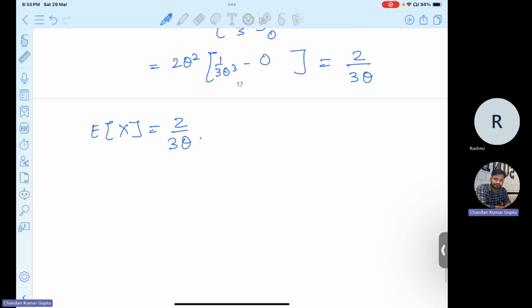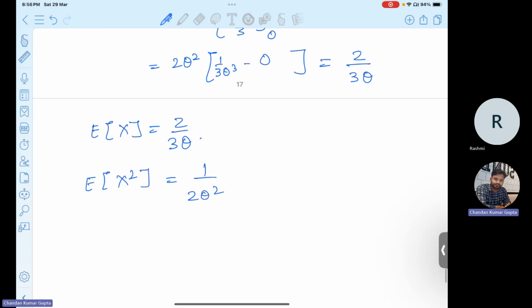Now we can use this, and we can also solve the second order moment, and after solution we find 2 theta square.